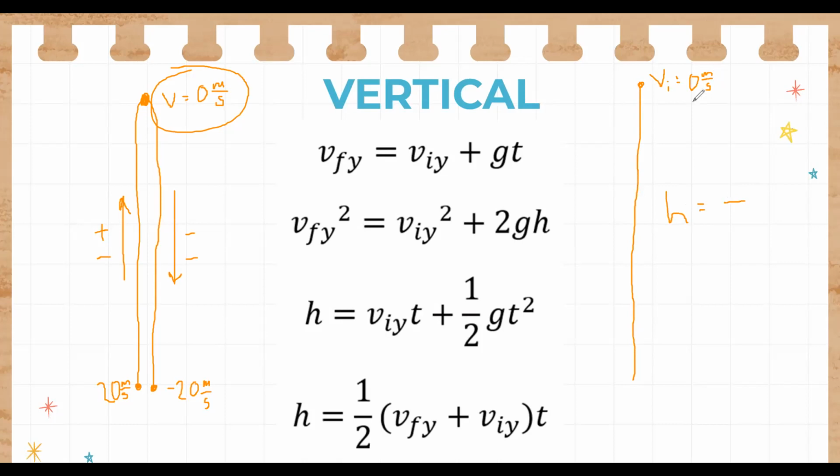This is because our reference point is starting up here and I'm going downwards. Therefore, my height is negative. All right. Also, since I am going downwards, my velocity is also going to be negative. My acceleration is also negative, which is my gravity.